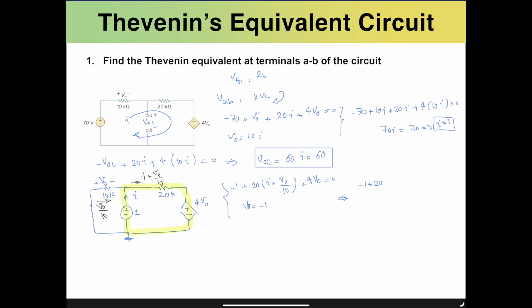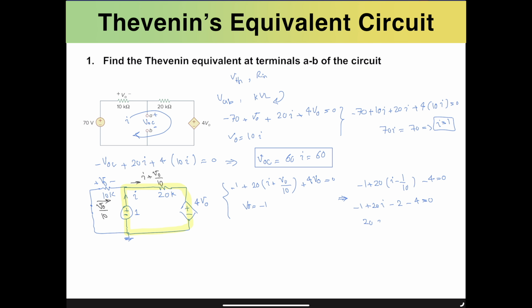That would be -1 plus 20 times I plus, instead of VO, we would have -1, so -1/10, plus, again, VO, that would be -1, that would be -4 equals 0. Now, we can simplify that with -1 plus 20I minus 2 minus 4 equals 0.